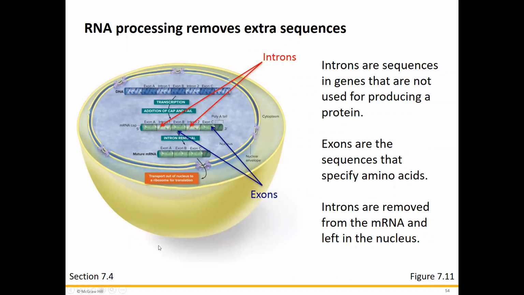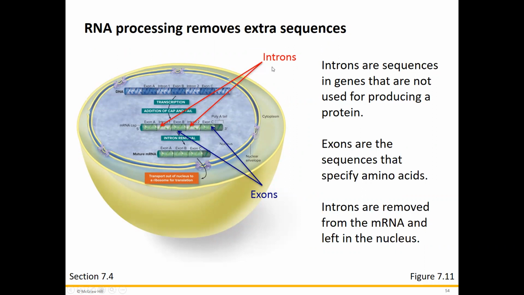Now, the other processing that happens: there may be extra sequences in this gene. The extra sequences are called introns. Those are sequences in the gene that aren't used to produce the protein.